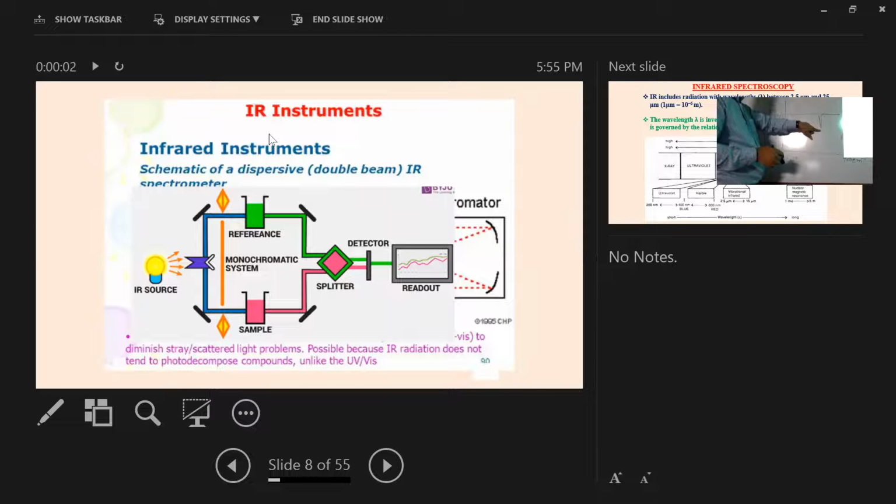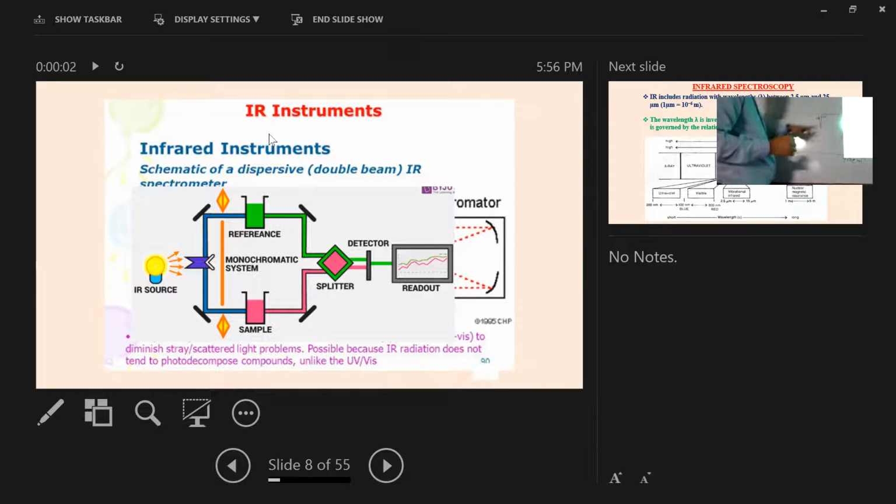Okay. So, once we cross the region, that means we already cross the 1500 wave number, if we cross this region, maybe around plus minus 50 wave number, so you can consider this is 1450 and this is 1550.